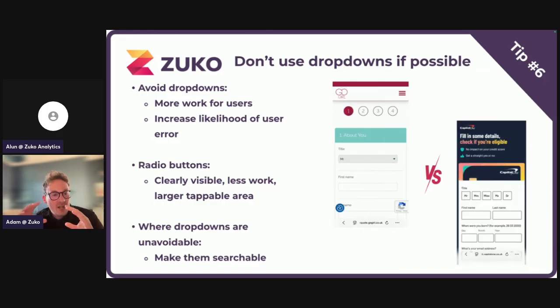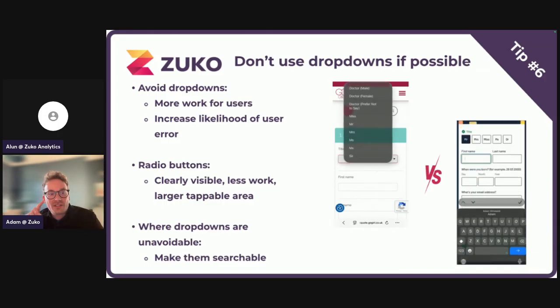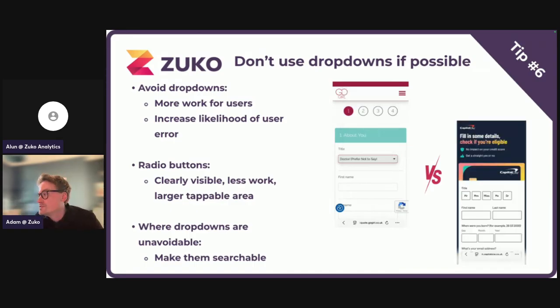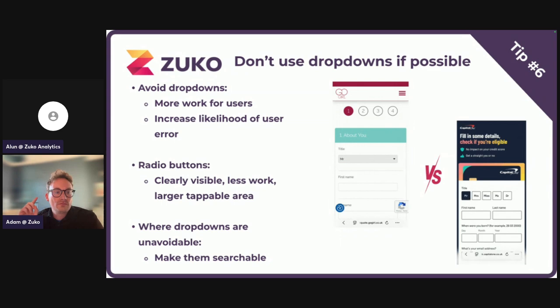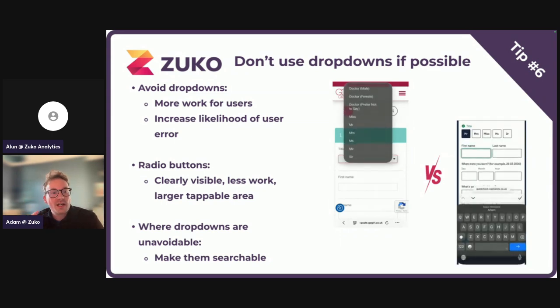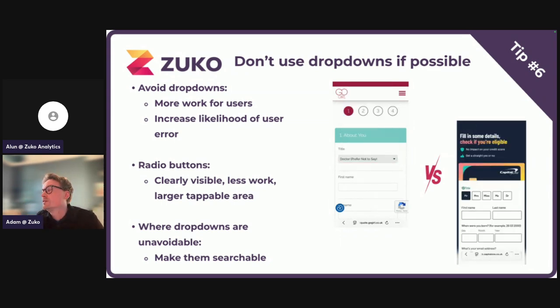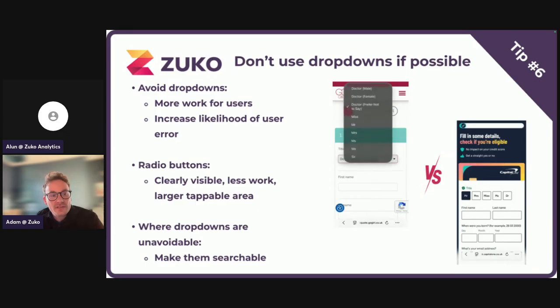They can see all the options available to them without having to select and bring up the options. It's a bigger tappable area and it's one input from the user. One tap will make their selection and they can move on. So in this particular example, we would definitely recommend using radio buttons.